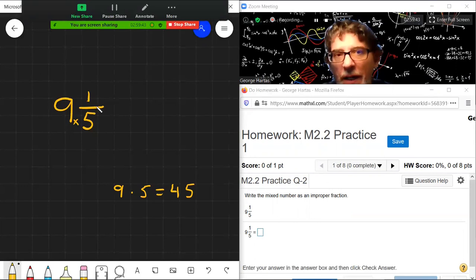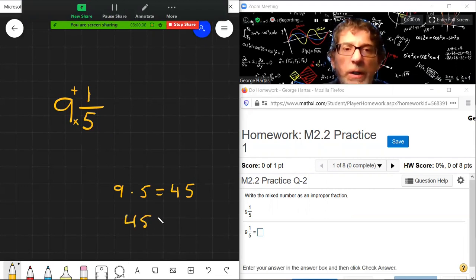Now you want to get to the point, ideally, where you can do this whole procedure in your head. You don't have to. You can write it down like I did. So we know that 9 times 5 is 45, but we're not done yet. We have to do something to the numerator part. We take this 45 that we get from 9 times 5 and add whatever the numerator is, 1. So 45 plus 1 is 46.